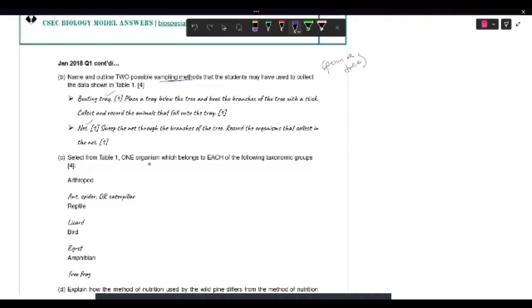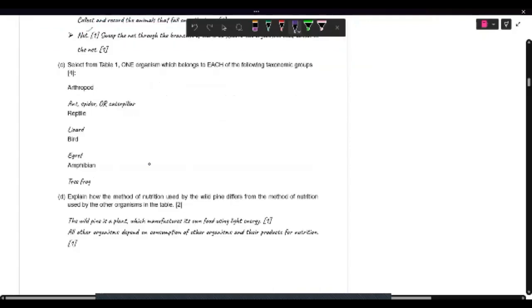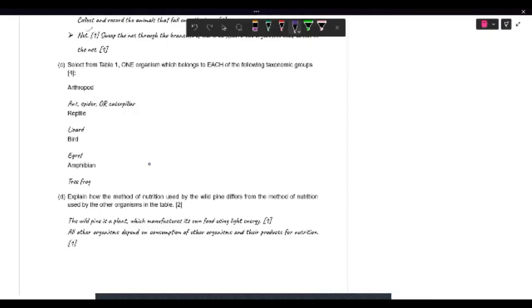Then for the next part, we place the organisms from the table into the taxonomic groups, whatever taxonomic group they belong to. So as we can see for arthropod, it could be ant, spider, or caterpillar.